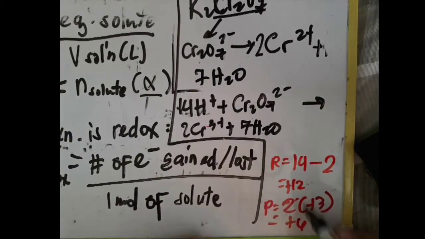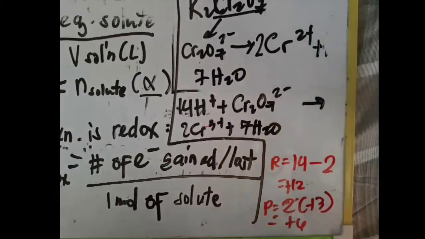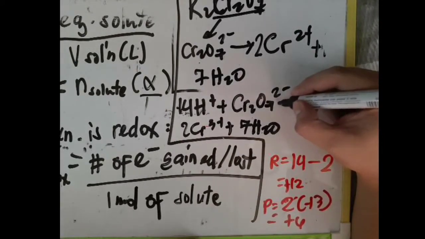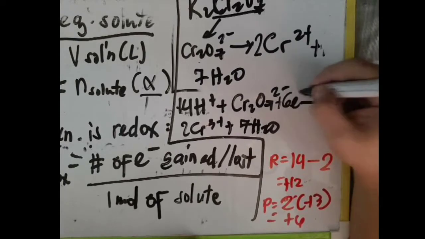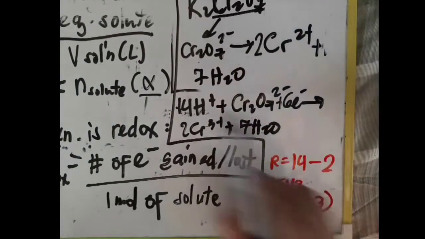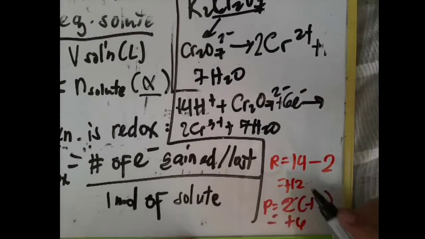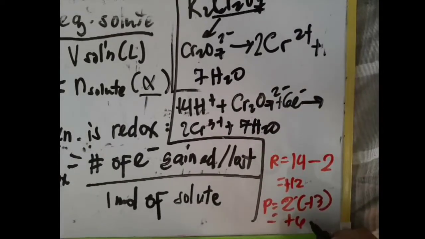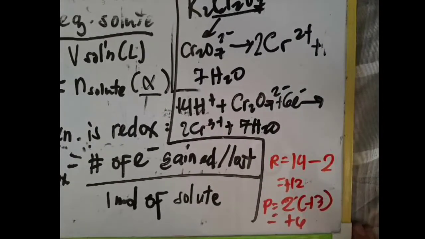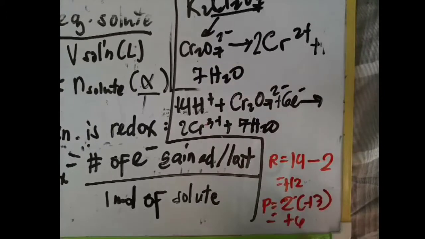Now, in order to balance the reaction, we need to add electrons on one side here, which is 6 electrons. So that is 12. Positive 12 minus 6 is equal to positive 6, which is now equal to the total charge on the product side.